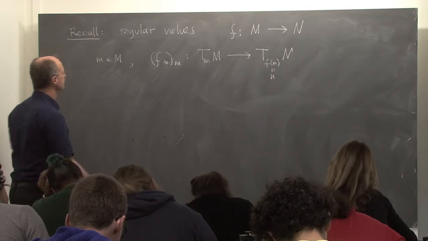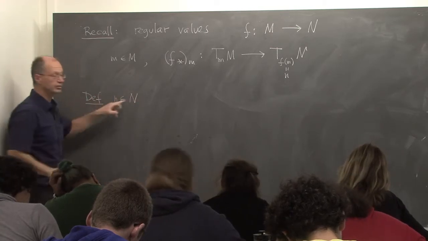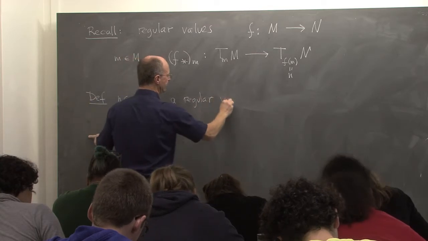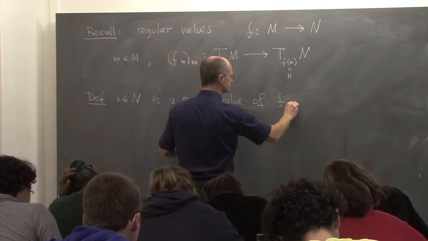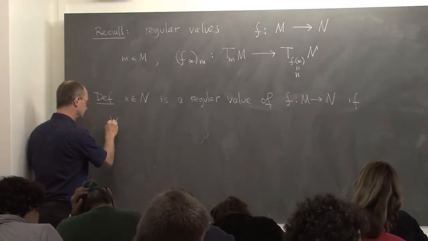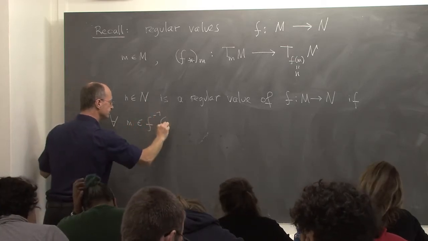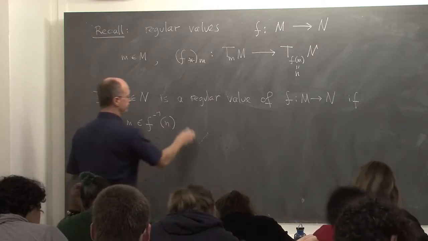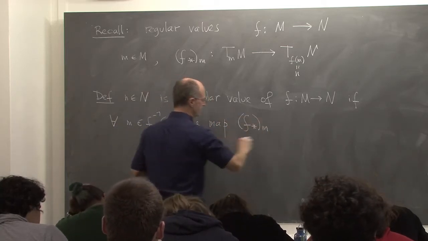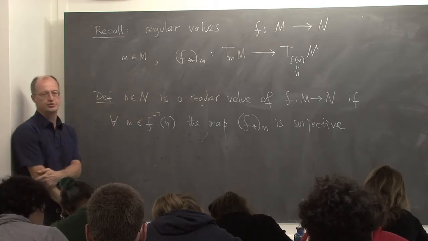And we say that the point n of the target is a regular value of f if for all m in the preimage of n, this map F star of m is surjective.